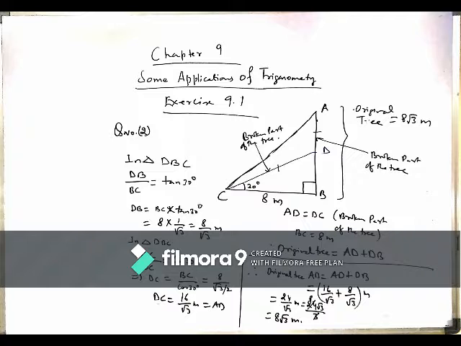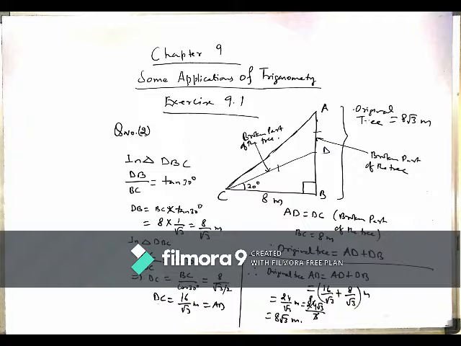So from here we can find DC is equal to BC by cos 30 degree, or 8 by root 3 by 2, which becomes 16 by root 3. So now this DC is actually equal to AD only, correct?